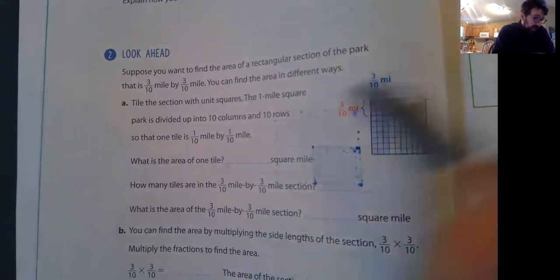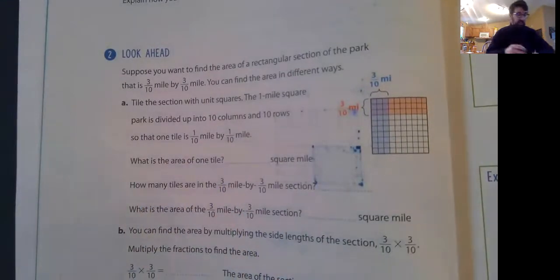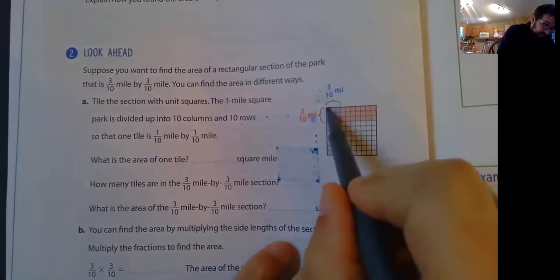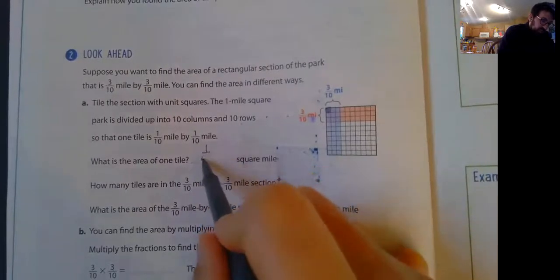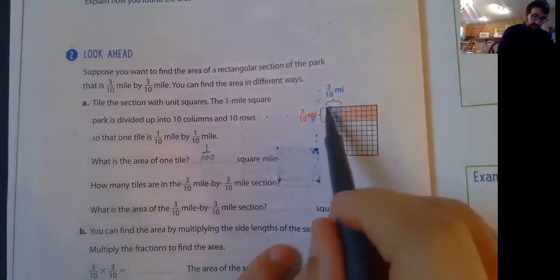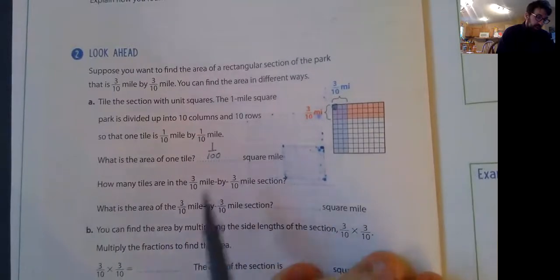Okay. What is the area of one tile? The area of just one of those little tiles is going to be 1/100th, like we talked about before. Okay, one little square, because this is 10 by 10, right? There's 100 parts here, so one would be 1 out of 100.